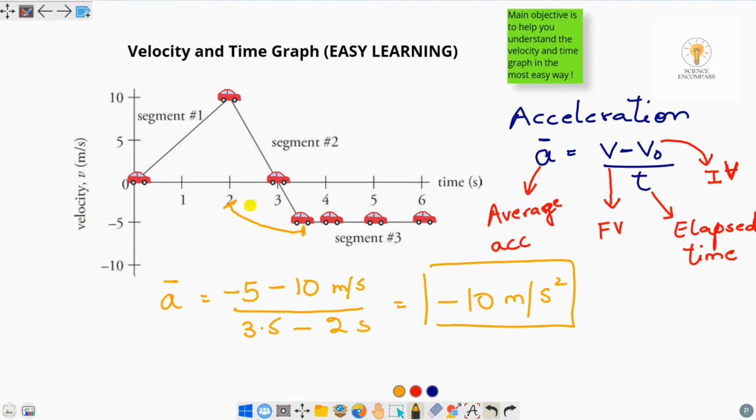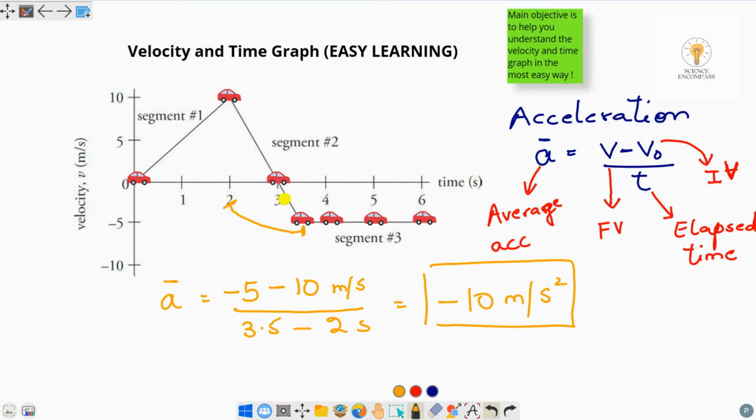Now between time 2 seconds to time 3 seconds, the object or the car's velocity was slowed down. We know that just by looking at this. The car is slowing down, right? Till it reached 0 meter per second.